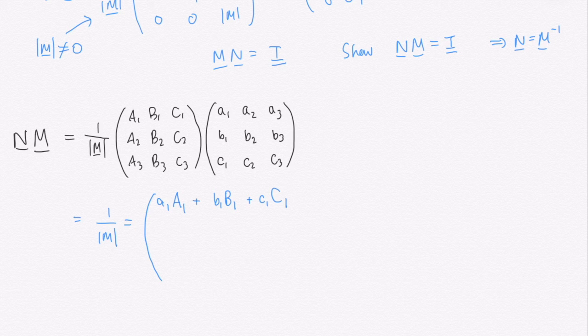Our second element, if we do rows times columns, is a2 multiplied by A1 plus b2 multiplied by B1 plus c2 multiplied by C1. And again, you might want to pause the video here and complete the elements in the rest of that matrix.